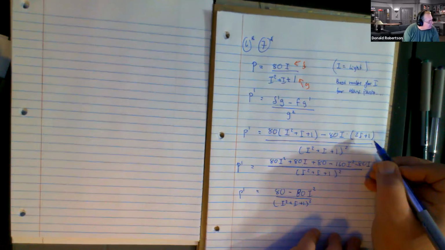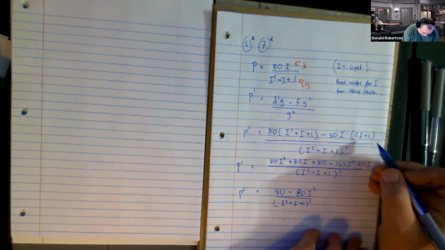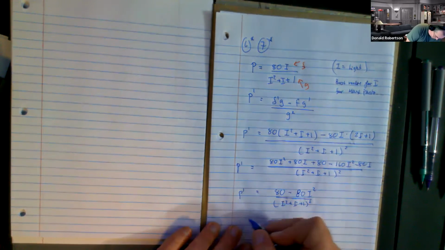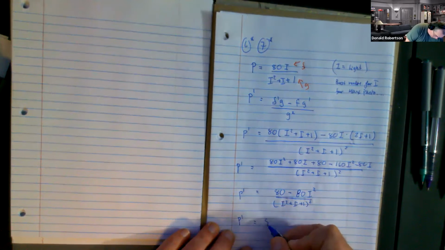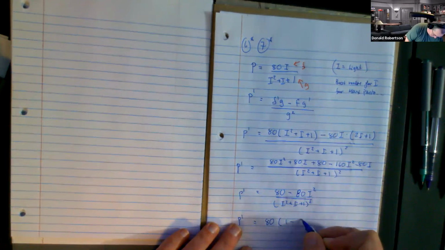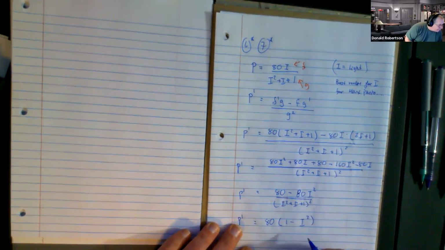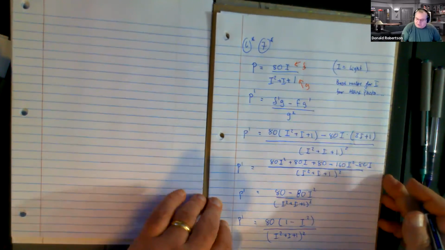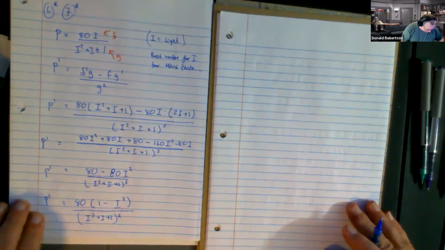What are you talking about? I don't like my answer. Yeah, that's fine. When you pull out 80, okay, I like my answer now. It looked weird, but it's good.